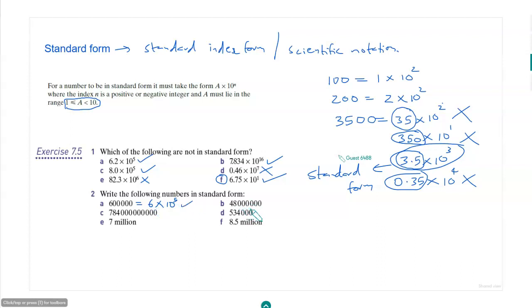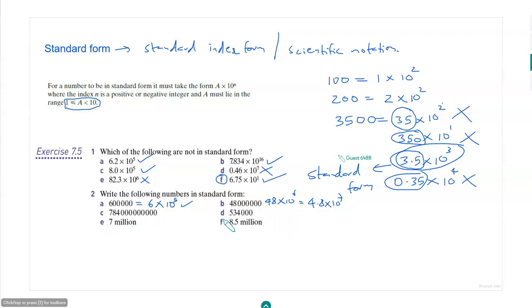How do you read this number? 48 million. 48 times 10 to the power 6. Is that in standard form? No. So 4.8 times 10 to the power 7. Very good. So you get the idea, right?